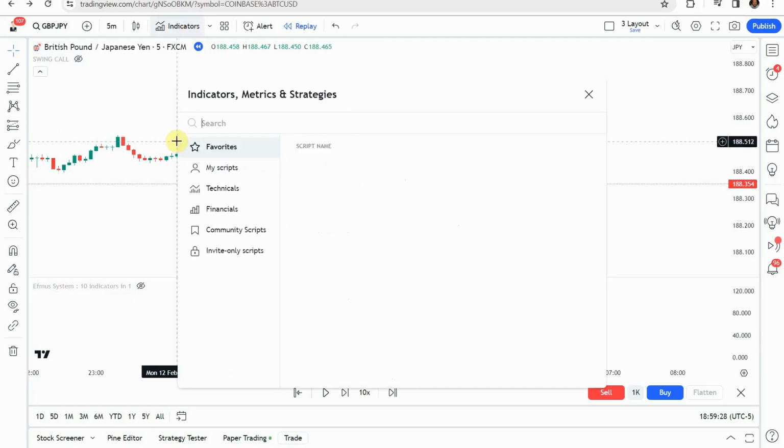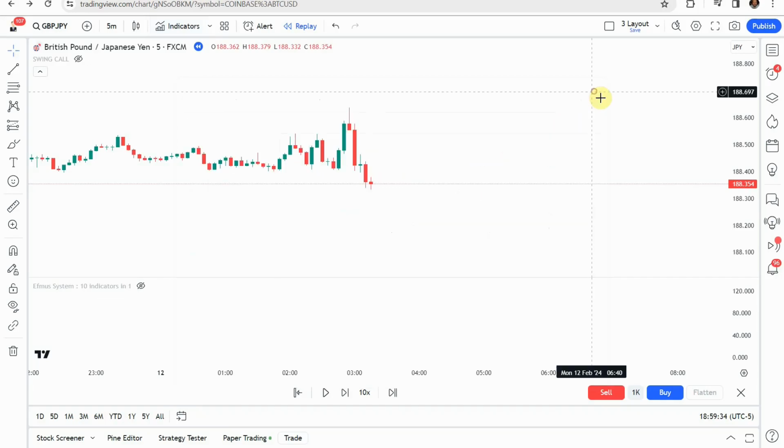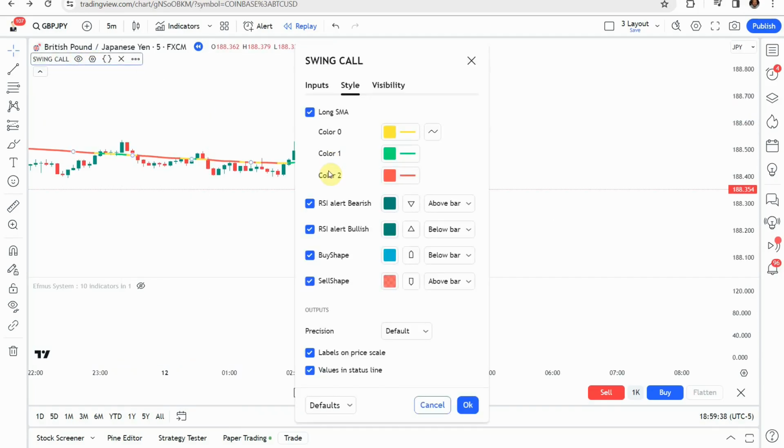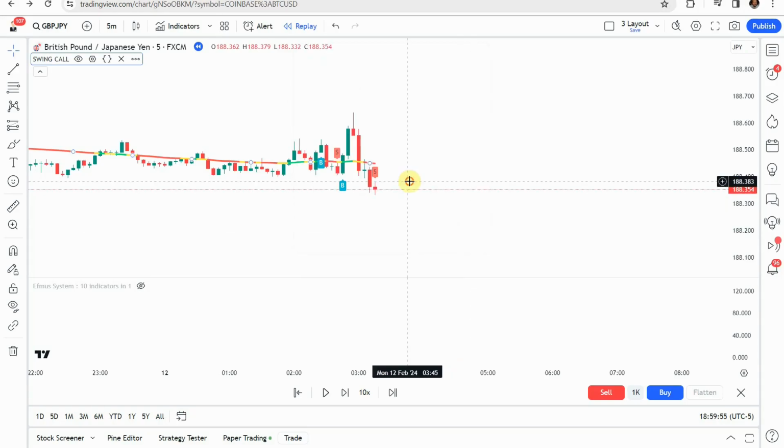The first indicator you'll add to the screen is going to be the swing trade signals indicator, this one right here. We'll add that to the screen, and we'll go ahead and jump into the settings, and under the inputs you're going to change the EMA value to 14, the SMA value to 44, and the overbought to 70, the oversold to 30, and you'll click OK.